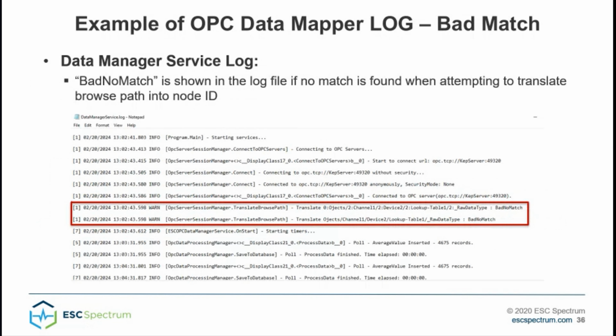If we have a typo or an incorrectly defined browse path, we would see a bad no match here, before our timers start and before we start pulling anything. Yeah, so this is to support maybe a niche situation, but should be useful.